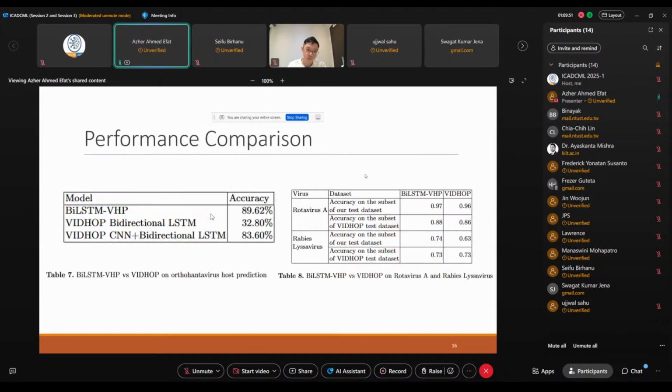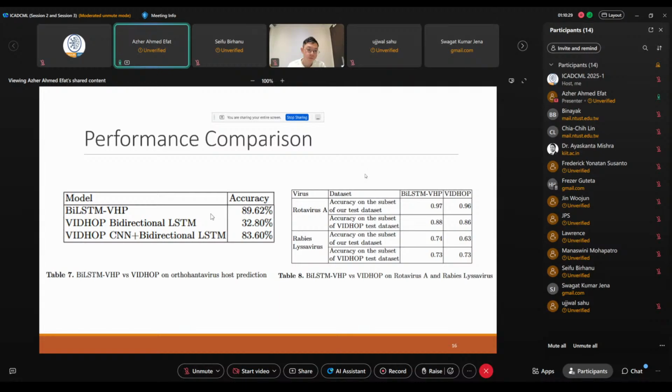So now after evaluating our model on our dataset, we also compared with previous work. As I said, our model was the first one to predict host for orthohantavirus, and there was no previous work. So we looked into other works, and we found that Florian Mock et al. proposed VDOP, which has 2 different DNN-based architectures that can be trained for other viruses.